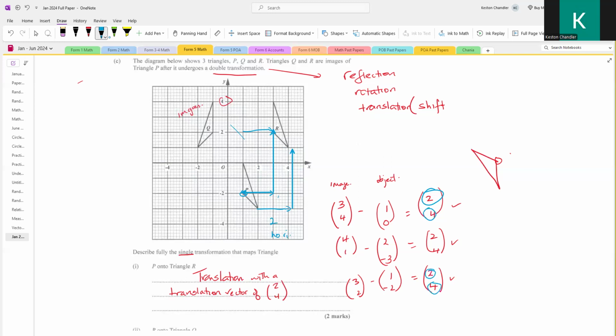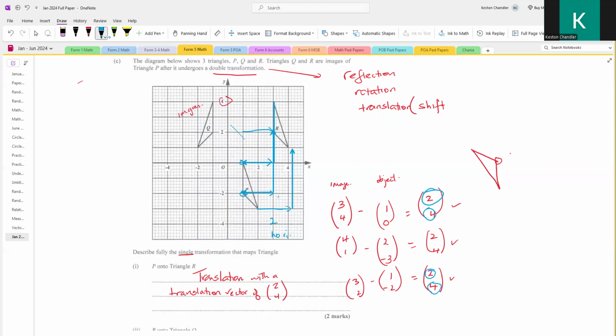Same thing with this one. 2 blocks this way, and then 4 blocks going up this way. Everybody see now? So this shape was shifted, all the points shifted 2 blocks across and 4 blocks upwards.